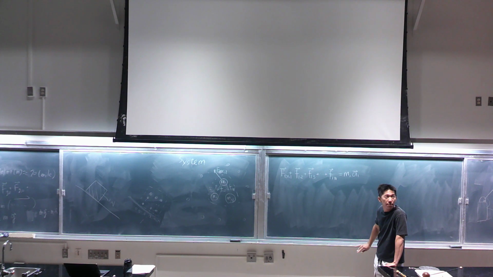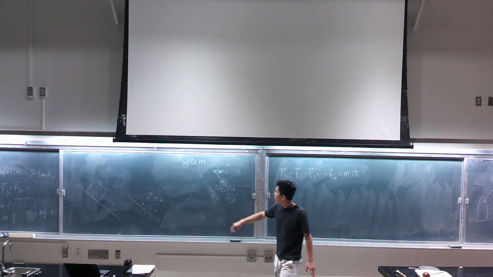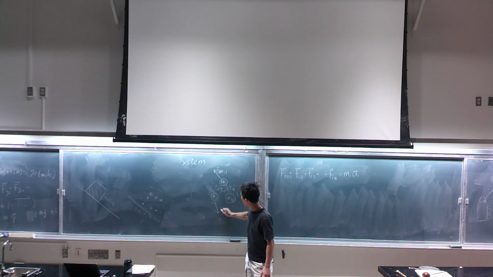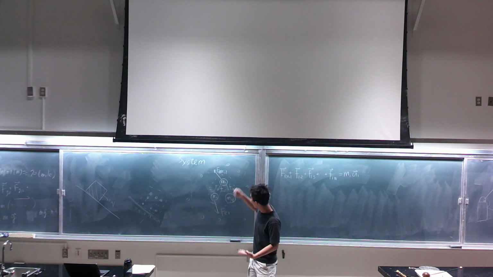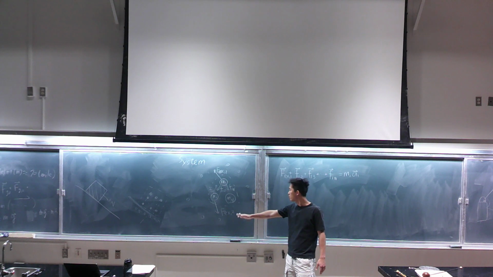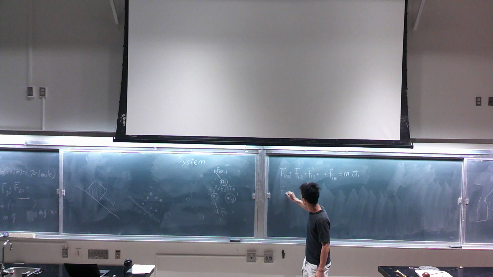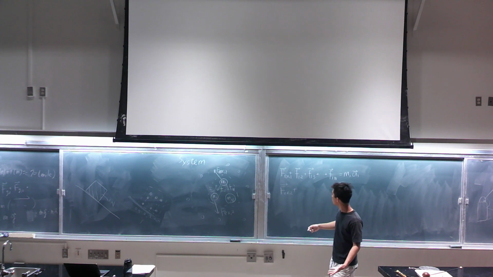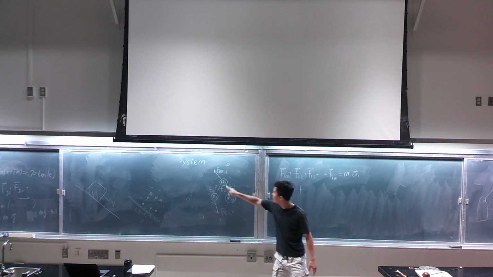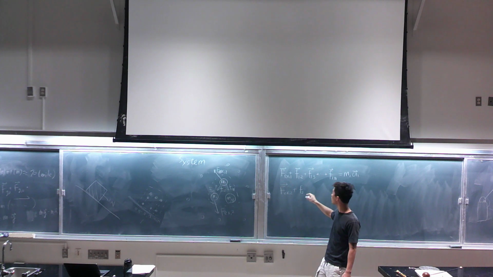Okay? Let's do the same thing for the second particle. For the second particle, the things outside the system can also exert forces on it, and we call the sum of them the external force acting on the second particle. So there are some external forces acting on the second particle, and the first particle can give the second particle some force, and we call that the force on the second particle by the first particle, F21.